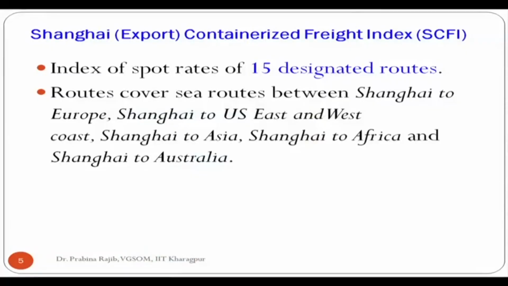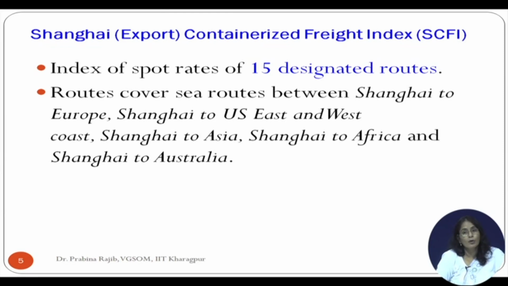Now, besides the Baltic Exchange, the Shanghai Exchange also calculates and reports a Containerized Freight Index, and the methodology is the same. It takes the spot rates quoted by sea brokers for 15 designated routes.